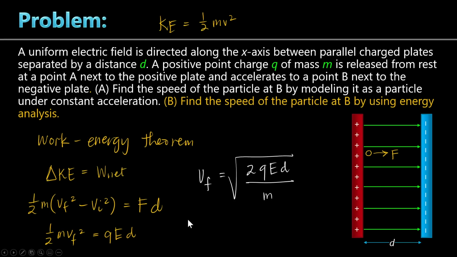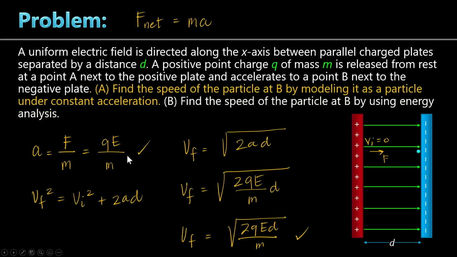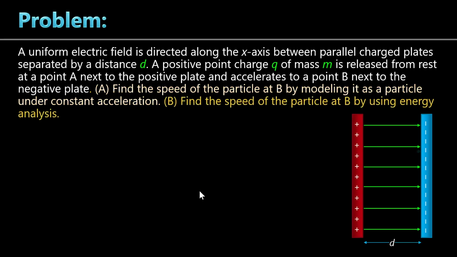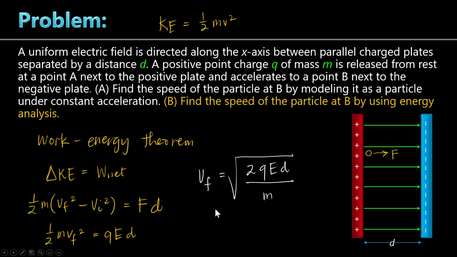At yung pangalawa, ang ginamit natin is energy analysis. So, there are many ways on how to solve a problem. It's up to you na lang kung saan ka mas convenient. So, sa tingin mo, alin ang mas convenient? Yung kinematics na ginawa natin kanina or yung energy analysis na gumamit ng work energy theorem? So, you have options. You always have options. Okay?